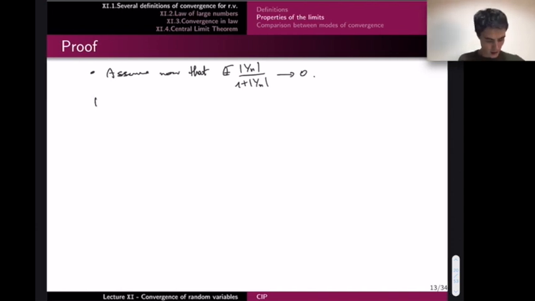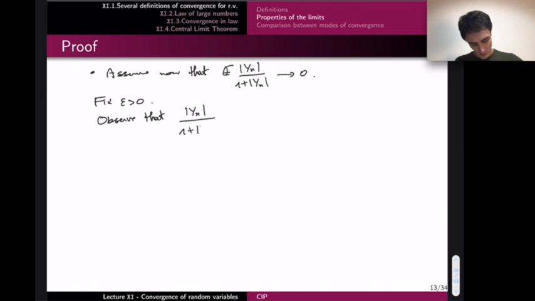So I will fix epsilon. And observe that Yn divided by 1 plus Yn is greater than Yn over 1 plus Yn times the indicator function of Yn greater than epsilon.